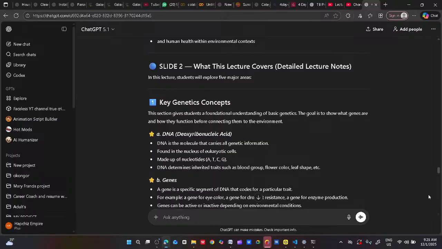This section is going to help us to understand the basic concept of genetics. And the goal of this aspect is to know what genes are and how they function before they will be able to connect with the environment. So what we are saying in essence is that we are going to start introducing ourselves to some basic genetic terms that you must have known.